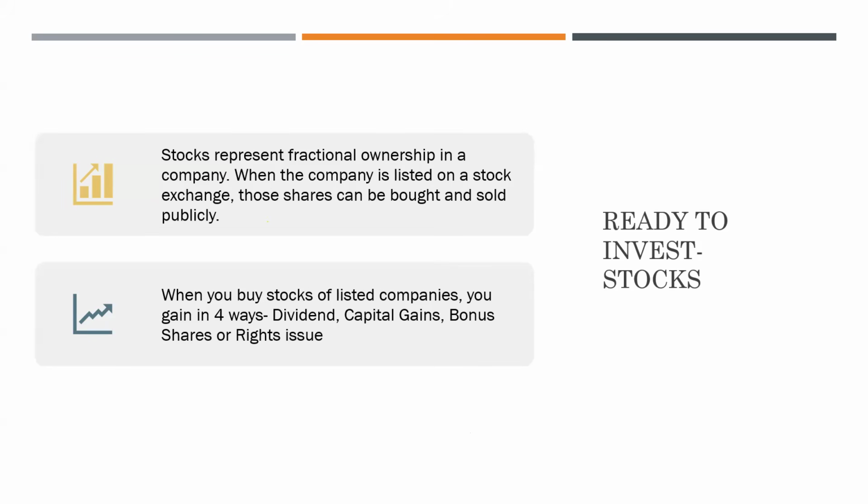The next one is capital gain, which is when the value of your shares rises. Let's assume that you bought Access Bank when it was trading at 15 naira per unit. Then 1 year later, the price of Access Bank went up to 20 naira per unit. What you have gained, that difference of 5 naira, is called capital gain.